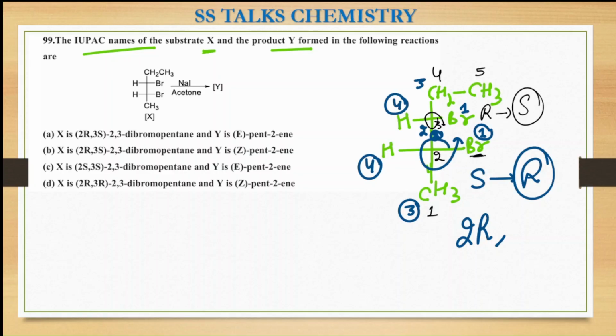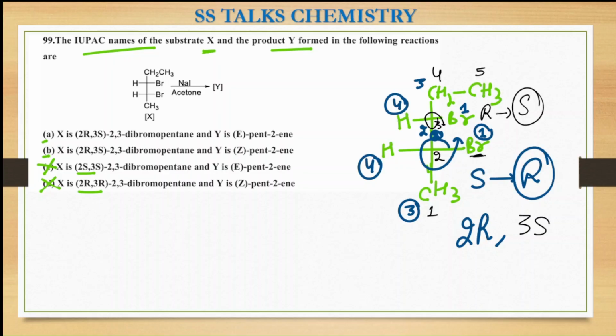So 2R and 3S is the correct configuration. So the IUPAC name will be (2R,3S)-2,3-dibromopentane. We can see that option A and B have this correct one. C and D both are saying RR or SS configuration, so these can be eliminated.